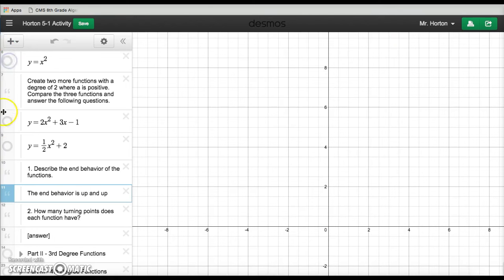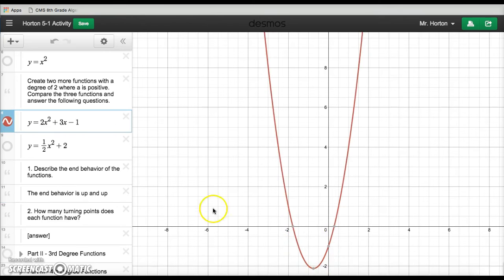Let's look at the other one. We have a similar situation here. Our function is decreasing until it gets to the vertex, and then it changes direction, so now it's increasing. So this would be a turning point as well. So this has one turning point.